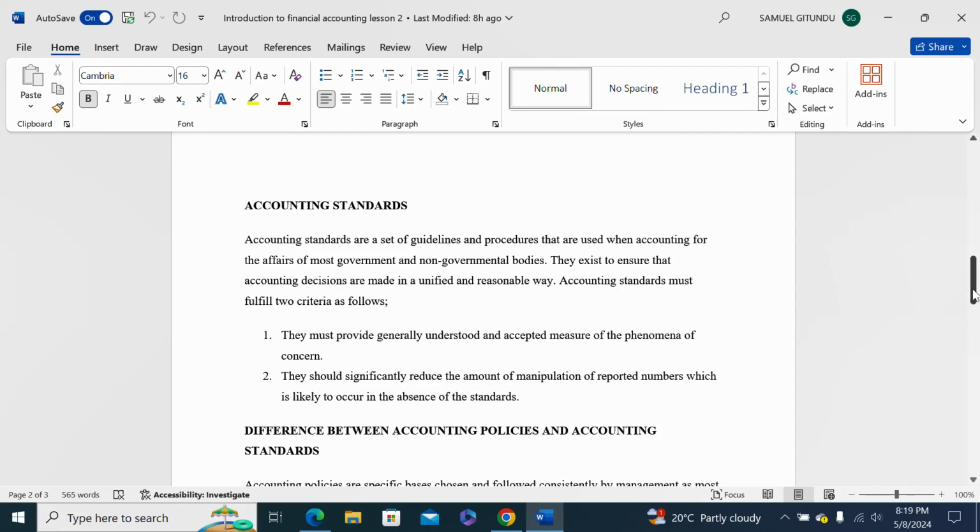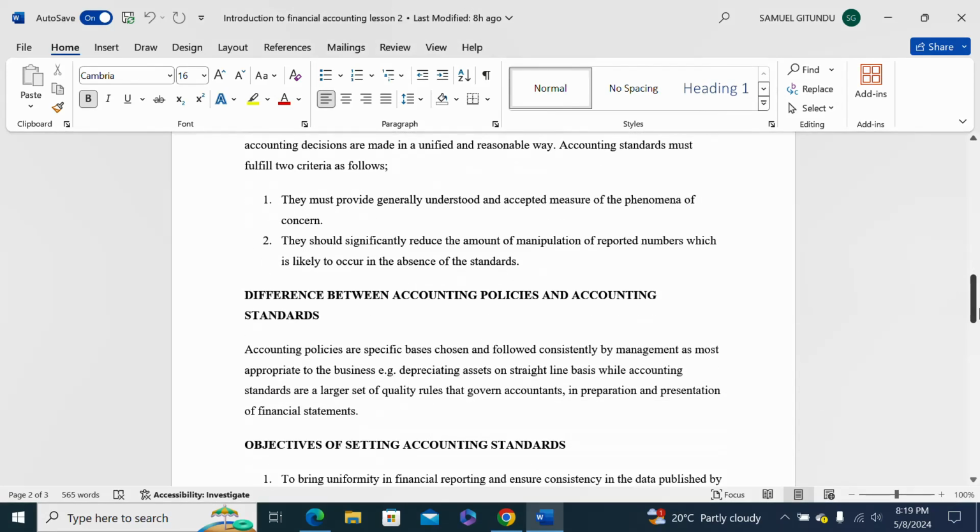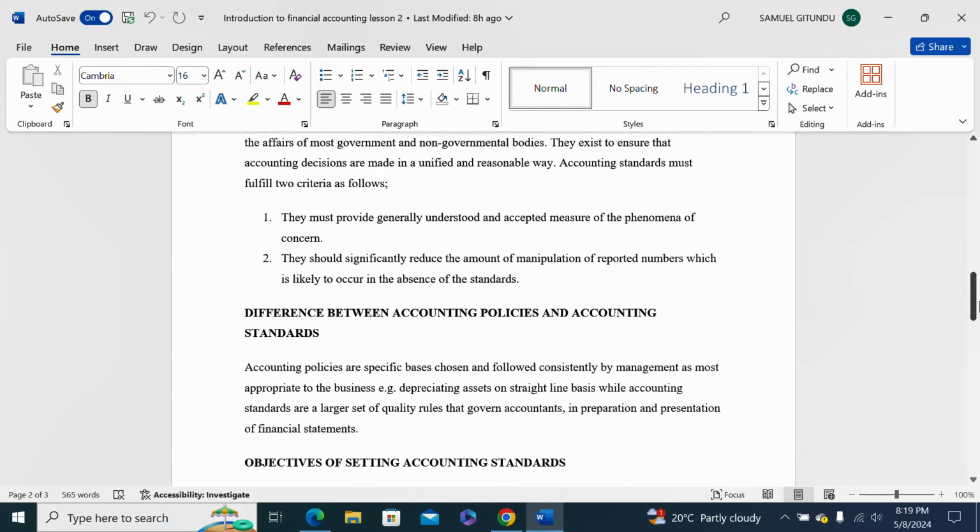Then we go to objective number three, where we are going to understand the difference between accounting policy and accounting standard. This is a question that is usually tested regularly in financial accounting.